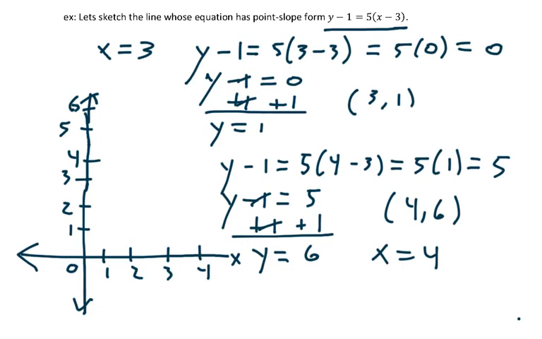So now our points are 3, 1. Then we have 4, 6. Approximately. Let me use a different color. So the graph's going to look something like this. I know it's not the best, but again, I'm just demonstrating how you can draw a line if you have an equation of the line in point-slope form. Again, you just get two different points on the line, plot the points, and then connect them. That's what it boils down to.